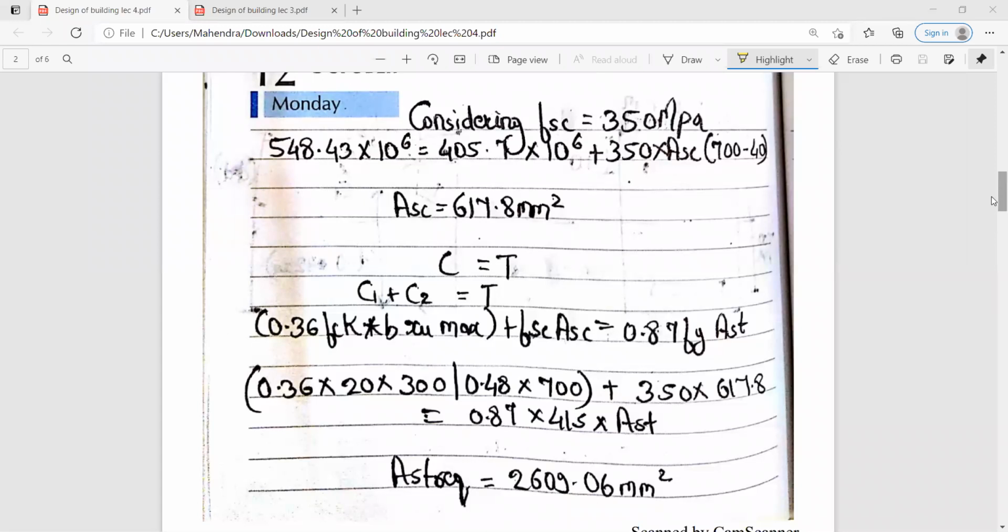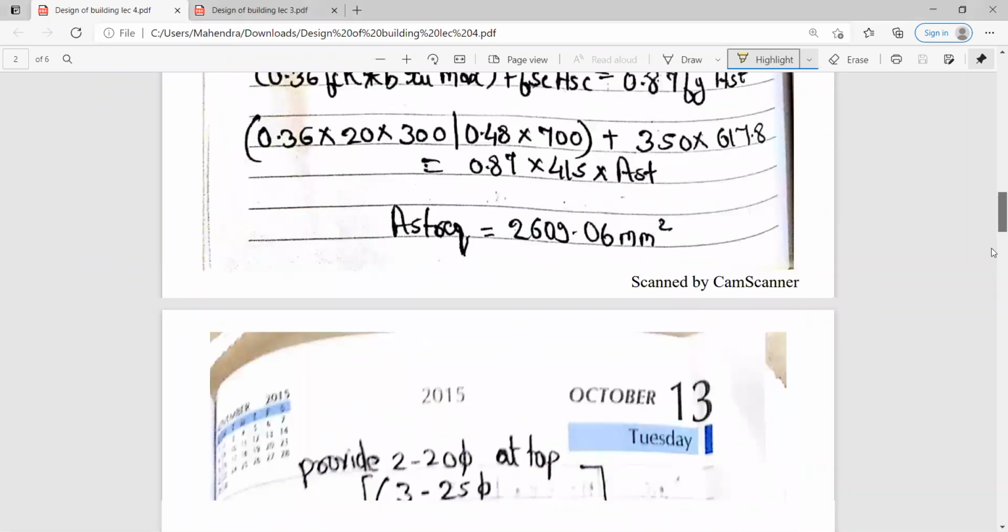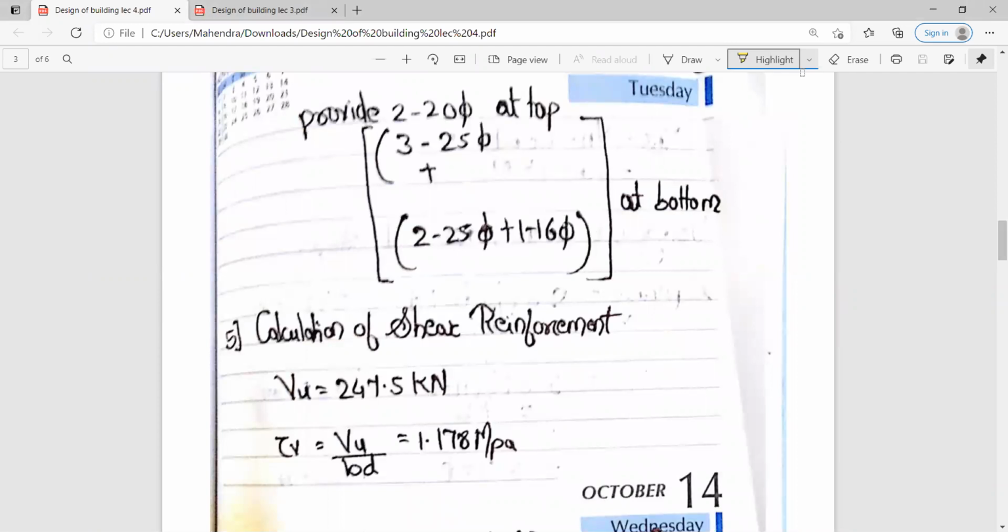After that, you need to provide 2 bars of 20 millimeter phi at the top, and 3 bars of 25 mm and 1 bar of 16 mm at the bottom. So for that we need to check for the shear reinforcement.